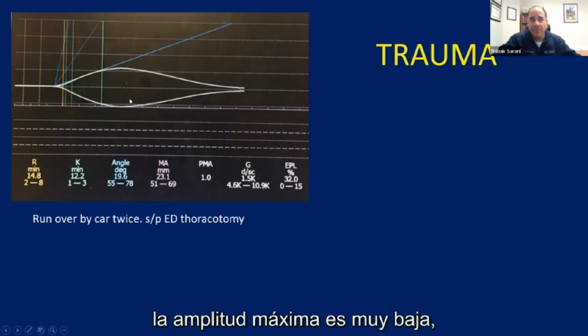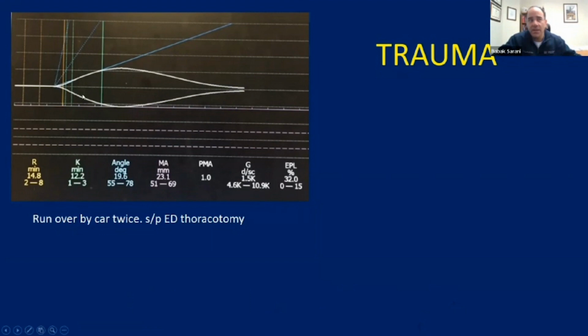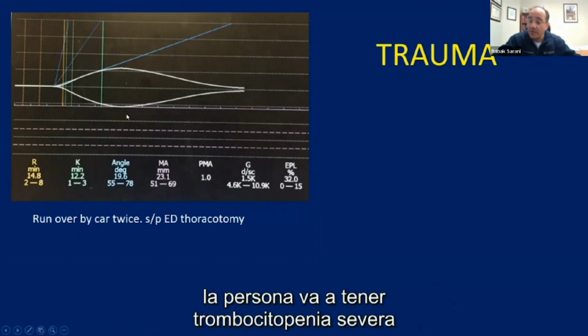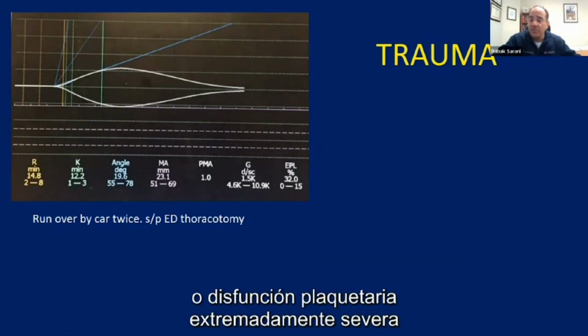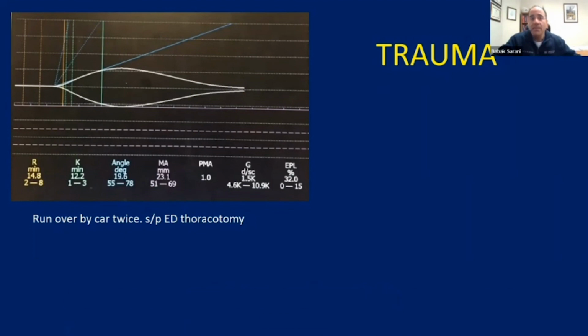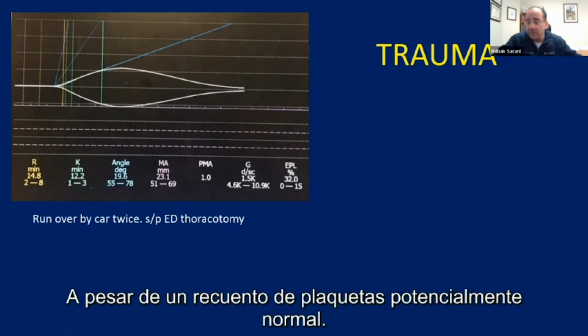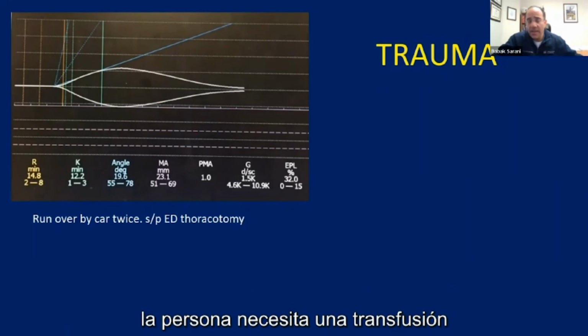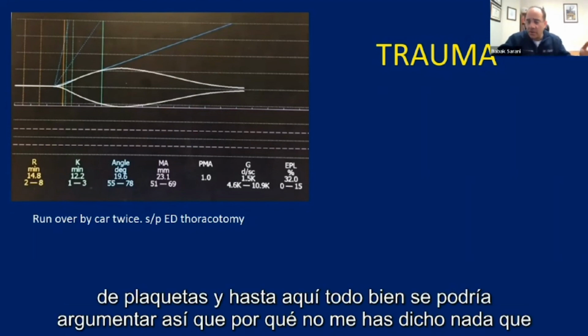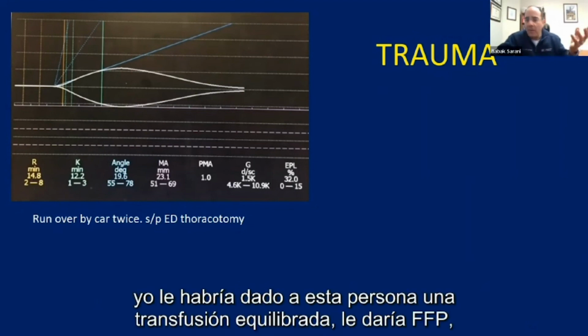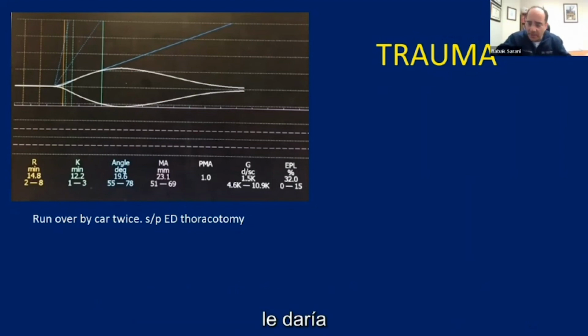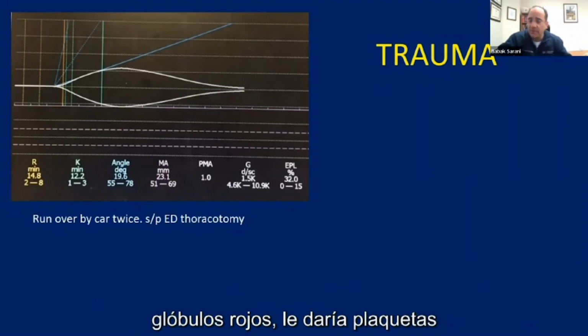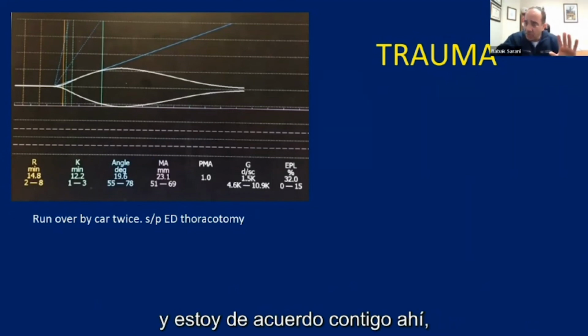The maximum amplitude is very low. Normal is about 51. This is 23. The person is going to have either severe thrombocytopenia or extremely severe platelet dysfunction, despite a potentially normal platelet count, person needs a platelet transfusion. And so far, so good. You could argue, so why haven't you told me anything I don't already know? I would have given this person a balanced transfusion. I would give them FFP, I would give them red blood cells, and I would give them platelets. And I agree with you there.